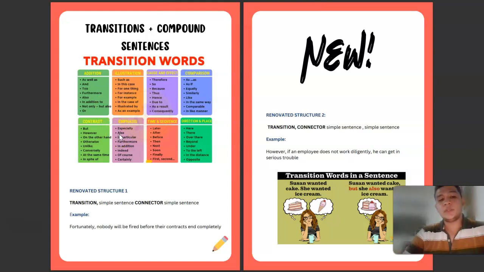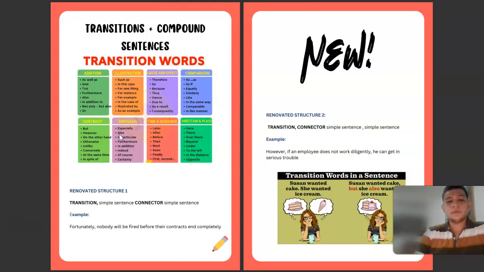The first structure is: transition plus simple sentence plus connector plus simple sentence. So in this part it is the same as in the before part, where we use a compound sentence.